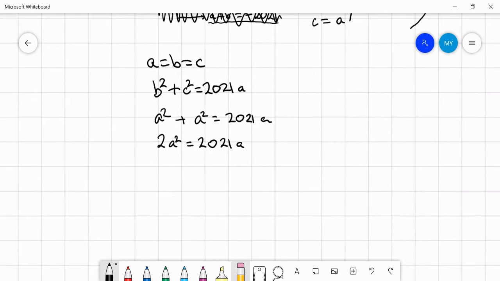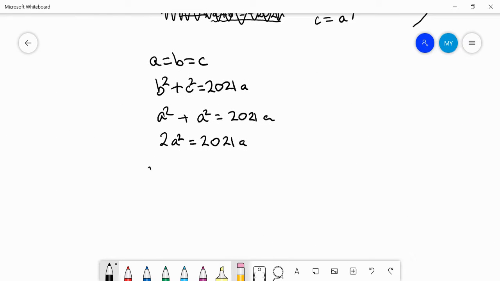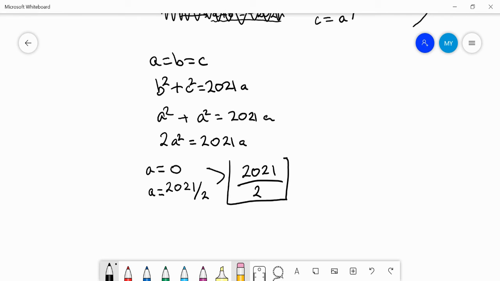And now we can just easily solve this quadratic to get that a is either equal to 0 or a is equal to 2021 divided by 2. And these are our only two possible values for a. And the sum of them is obviously 2021 over 2. So that's our answer, and we are done.